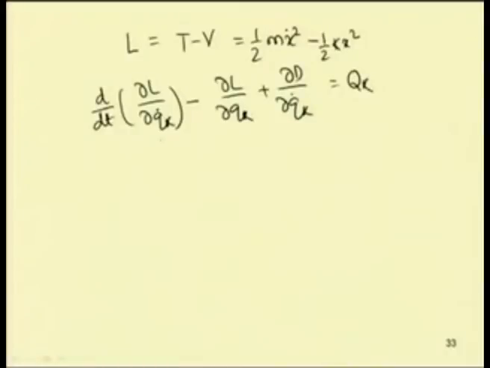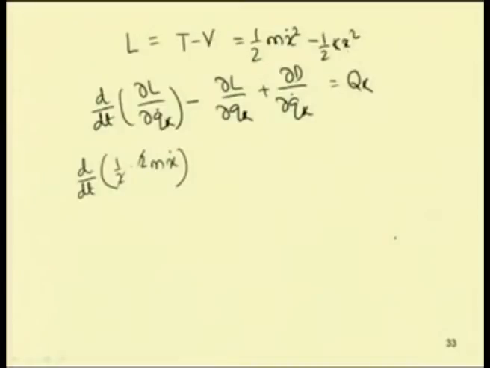So, del L by del q k dot: if I differentiate with respect to x dot, this expression becomes d by dt of half into 2 into m into x dot. So, x dot square we are differentiating with respect to x dot, and this becomes m x dot.